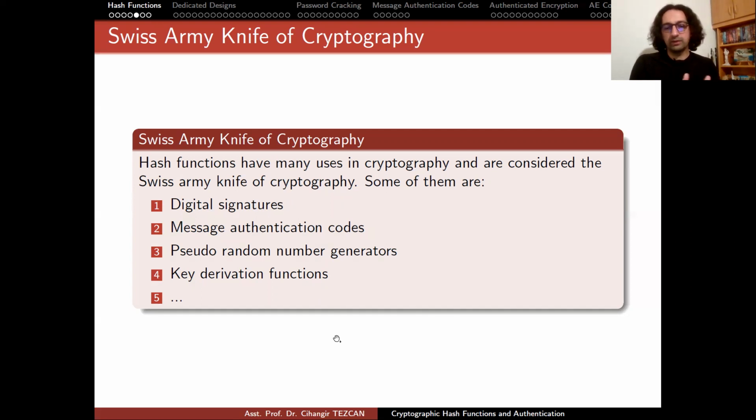Especially, they are used for the fact that you can represent a very huge file with a small output like this hash. And this is what happens in cloud systems. For instance, if you upload a movie file to your Dropbox account, which is like 5 gigabytes, and it is copyrighted material, when you try to upload it, you will also send the hash of your file, and Dropbox will look at the blacklist and will realize that this is a copyrighted file, and they will not allow you to put it into your Dropbox folder.